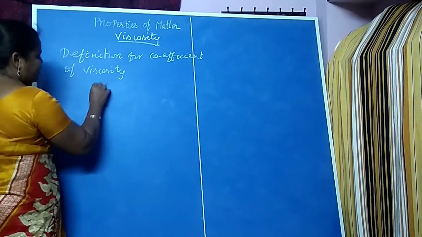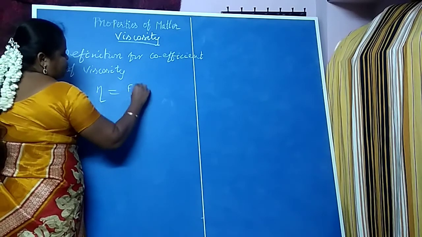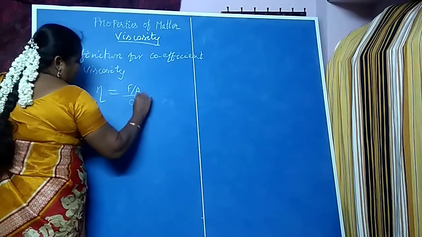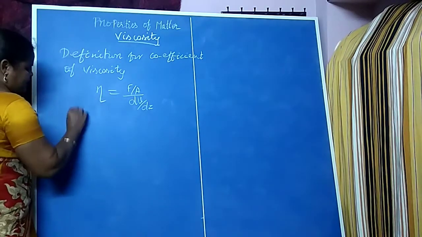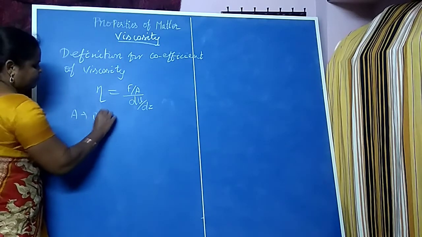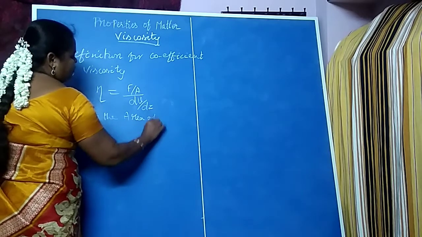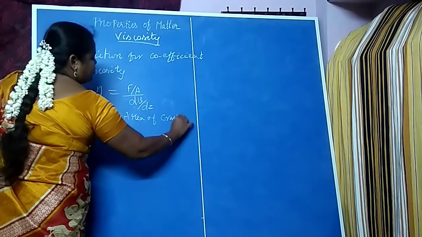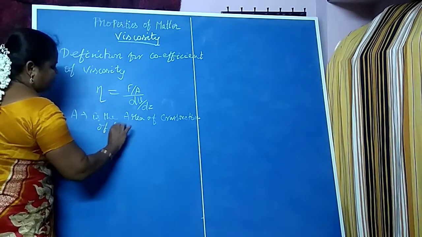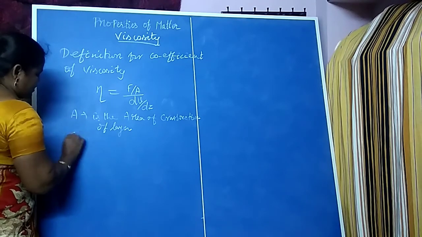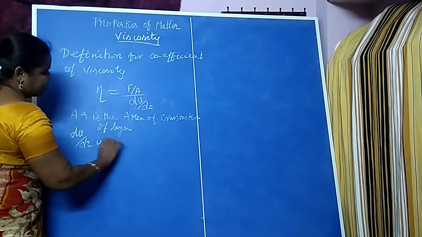We already derived that the coefficient of viscosity is equal to force by area, whole divided by velocity gradient dv by dz, where A is the cross-sectional area of the layer and dv by dz is the velocity gradient.